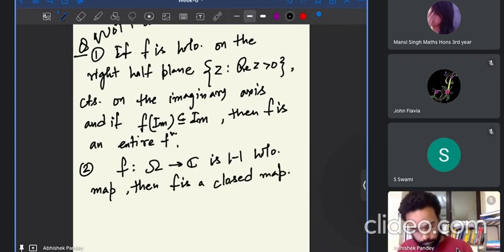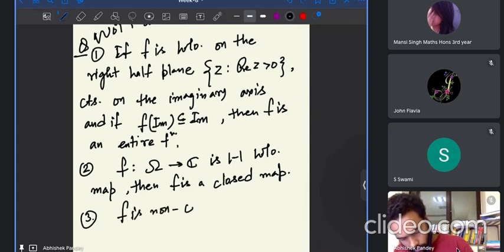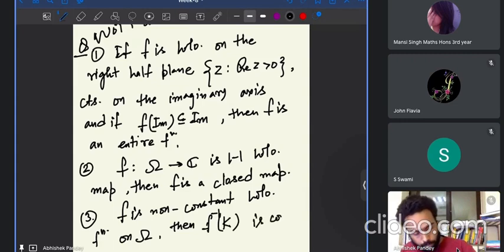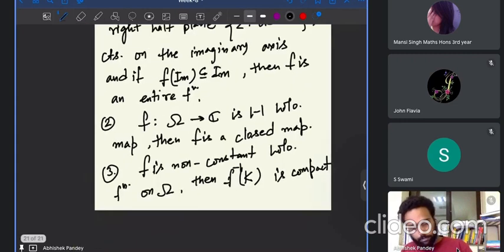Third statement is f is a non-constant holomorphic function on omega, then f inverse of k, that is, f inverse of every compact set k is compact. This thing we have to see.